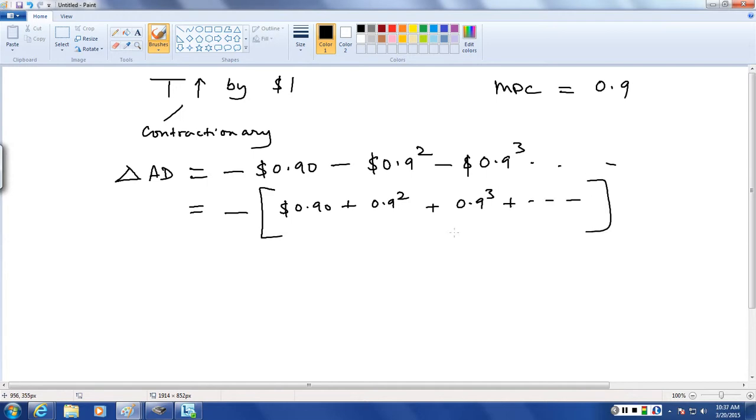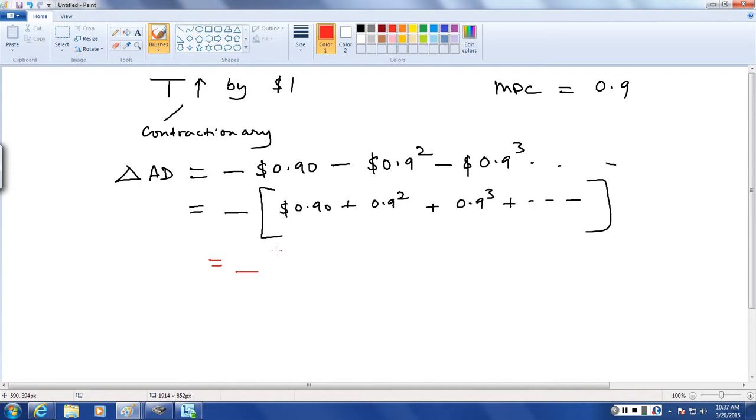Right? Now, how do you add up the sequence of numbers inside the square brackets? Come on. We have a formula here. Isn't this a converging geometric series to infinity? Right? What's the formula for adding this up? Come on, tell me.